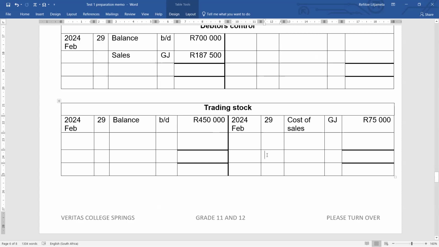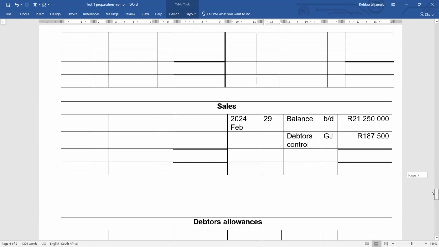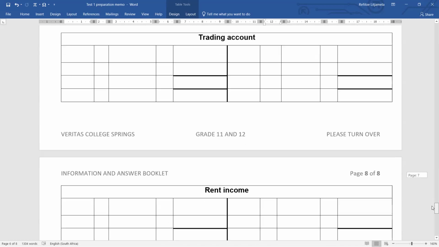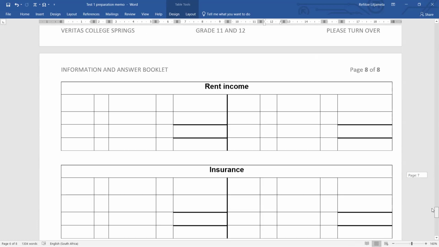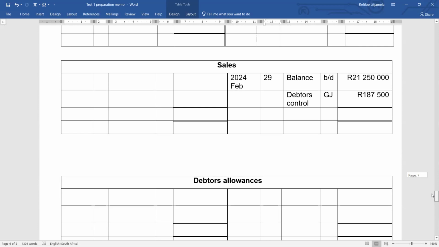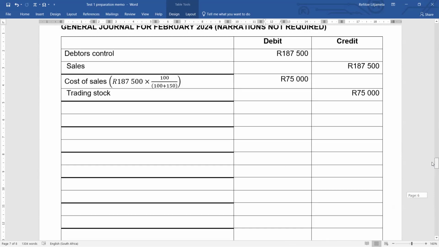Okay. All right. What else will be affected there? Come on, we don't have cost of sales here. You guys are so lucky. Those two empty blocks are for something else.